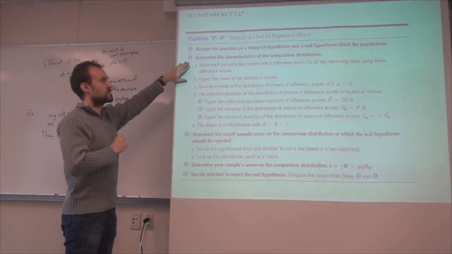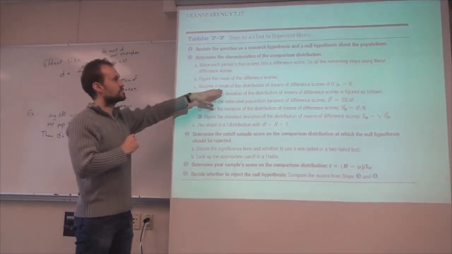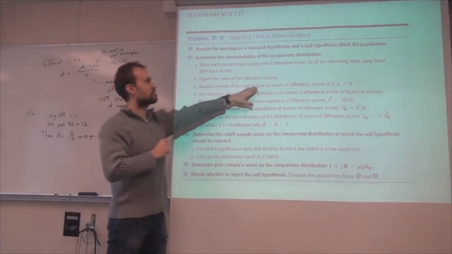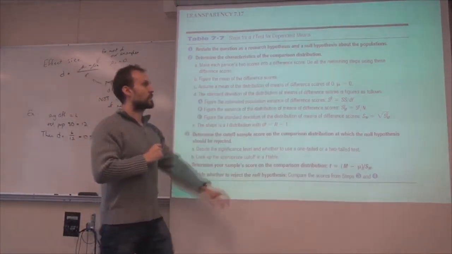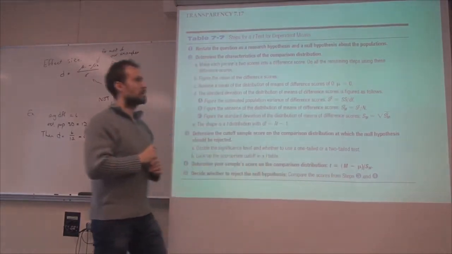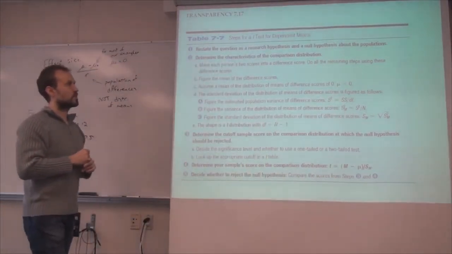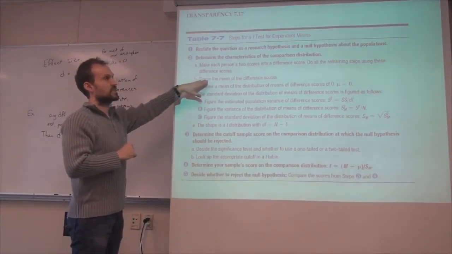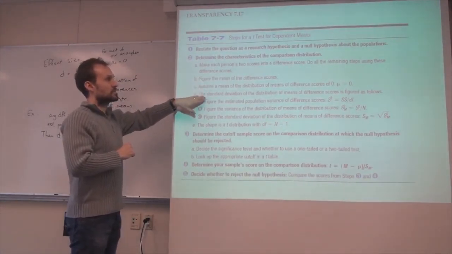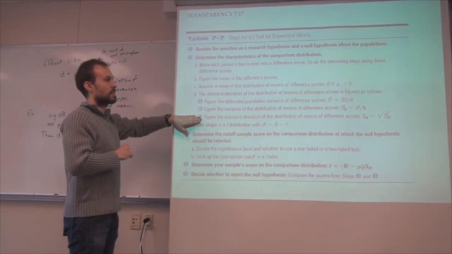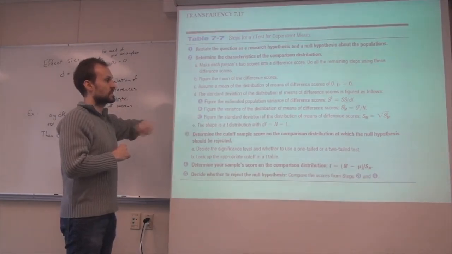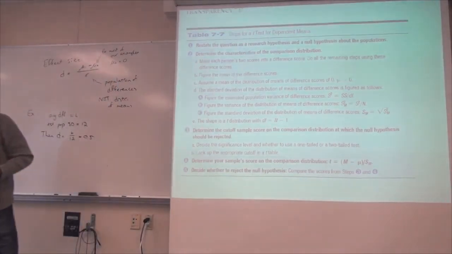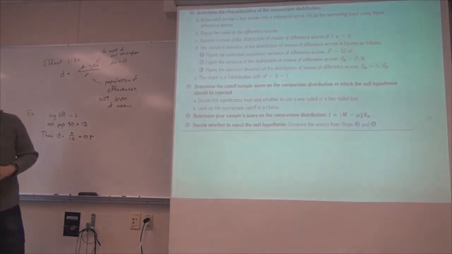The comparison distribution is still a distribution of means, with a population mean under the null hypothesis of 0. Then I have to look at the differences. That's the only issue. I still approximate the variance and standard deviation, and everything else is the same.